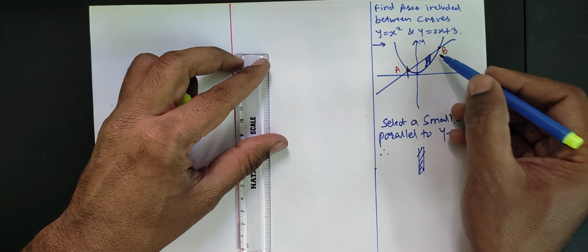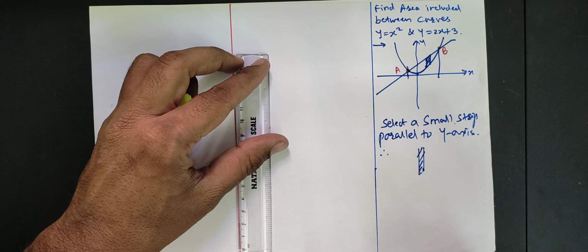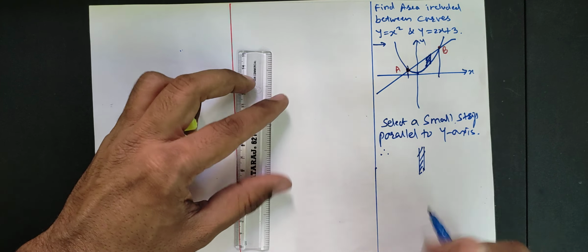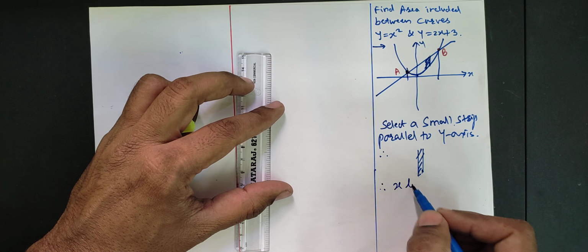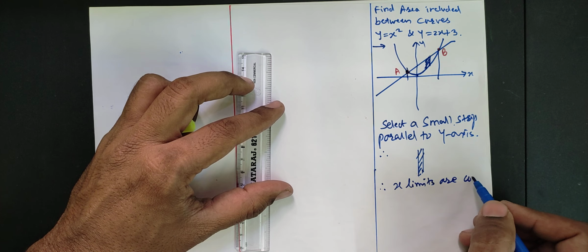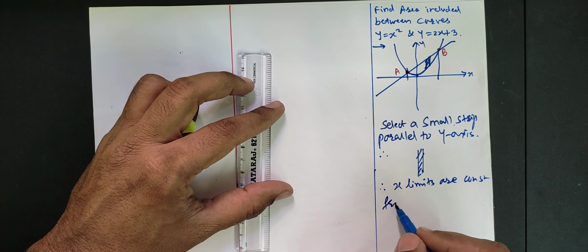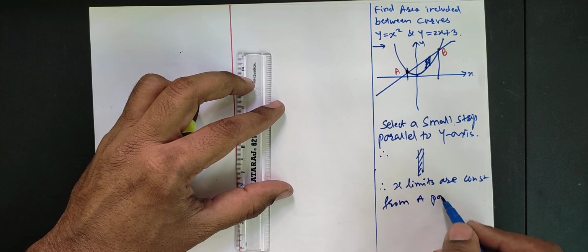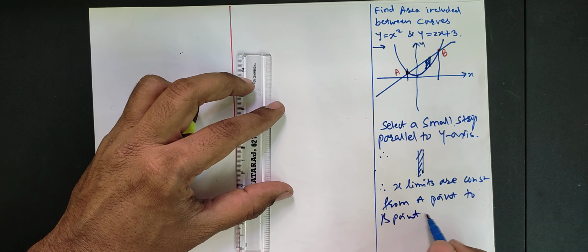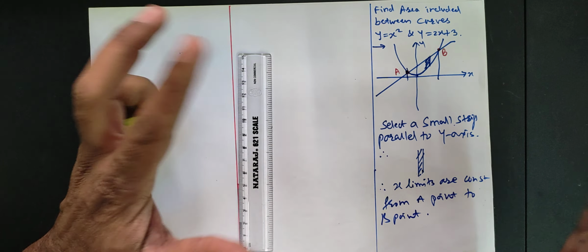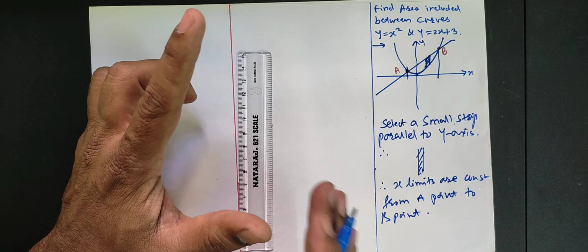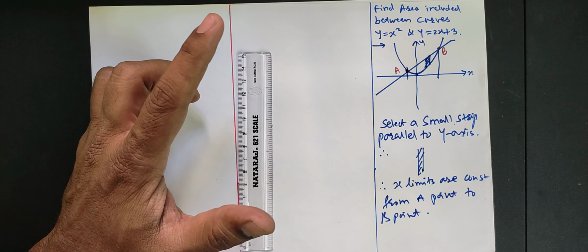This is the x limit minimum, this is the x limit maximum. The strip may vary from this point to this point. So the x limits are constant, from point A to point B. Whenever the strip is parallel to the y-axis, the limits are constant for x. That is, x will be minimum at A and maximum at B.